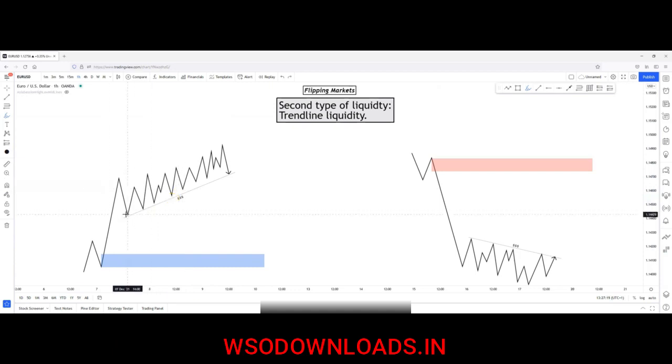So let's say they open the buy position here, they place their stop loss here, open the buy position here, stop loss here, opened here, stop loss here. So we have a lot of stop losses just above each other on this line. So we have loads of stop losses sitting just below this line placed by the retail traders.